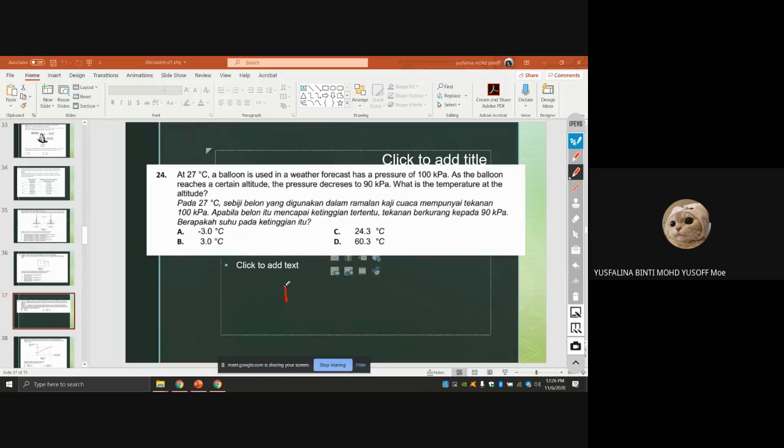P1 over T1 equals P2 over T2. P1 is 100, T1 is 273 plus 27, which is 300. P2 is 90 kilopascal, and T2 you need to find. For number 24, you just cross multiply to find the answer.